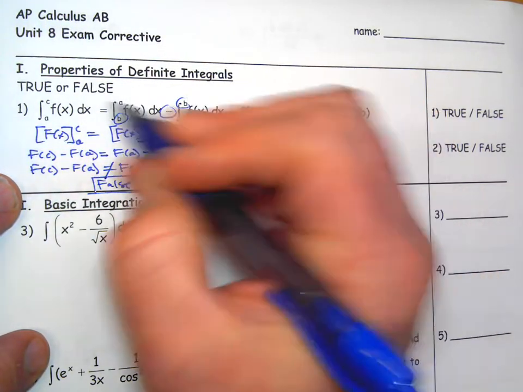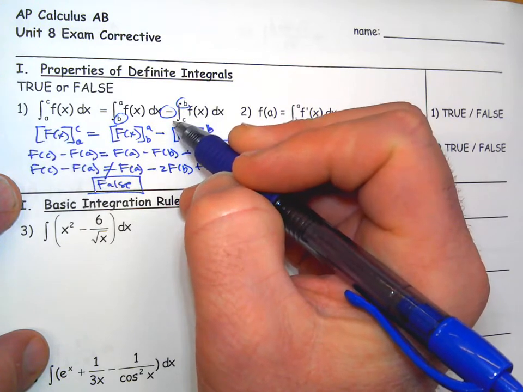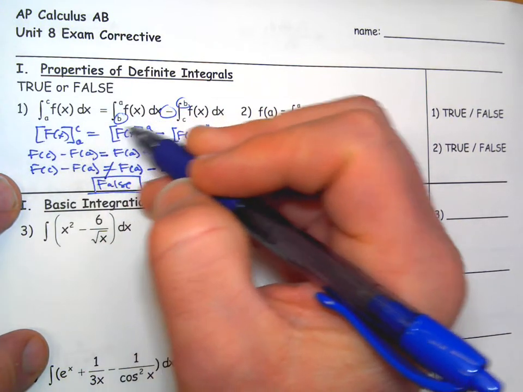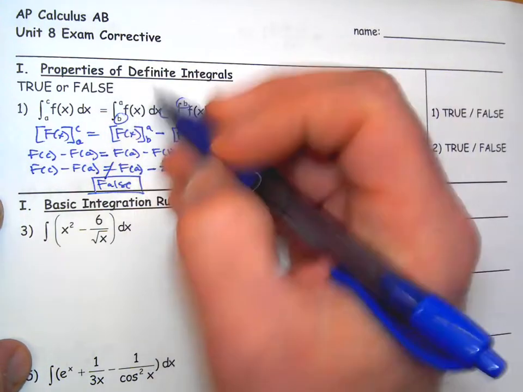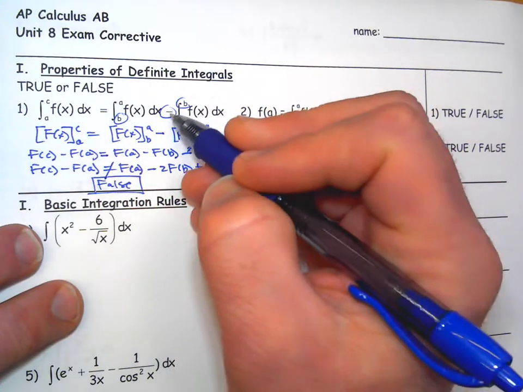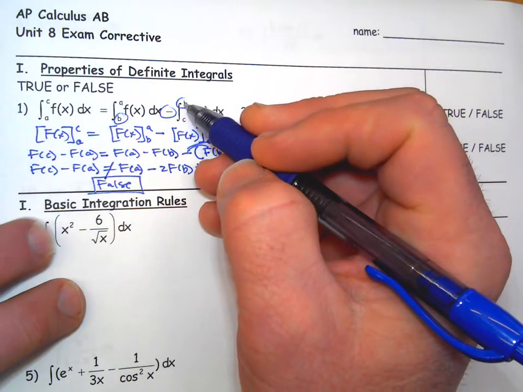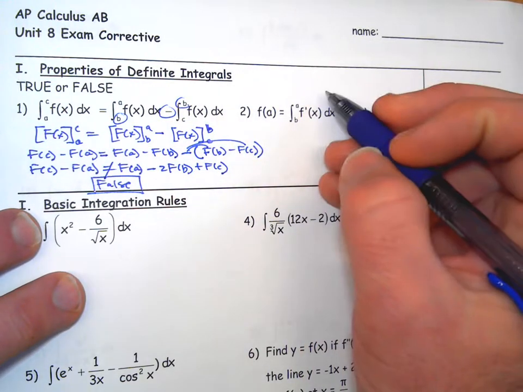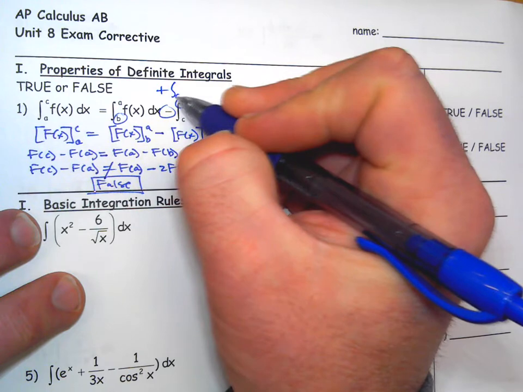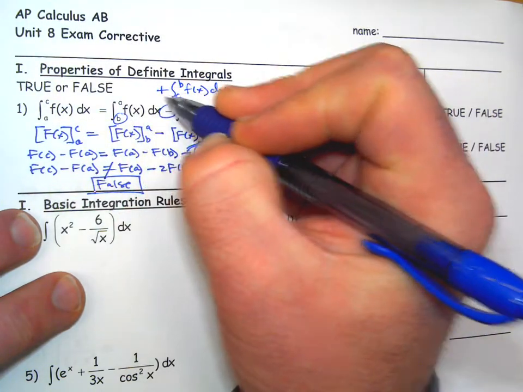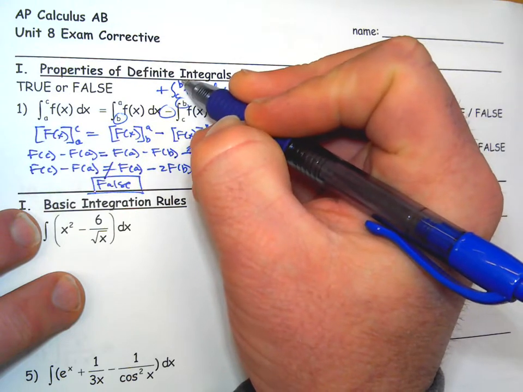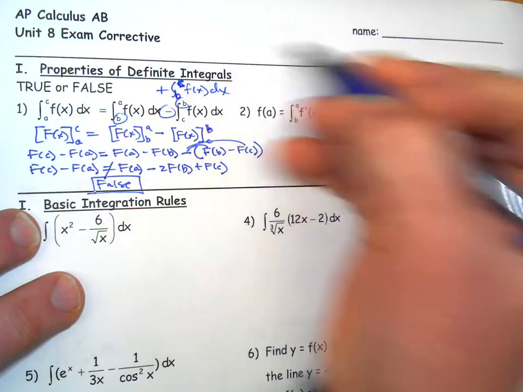If it was addition, you could connect them together and they still wouldn't be true. But maybe some other scenario, changing the minus to a plus by flipping the limits, might work. This would be plus C to B of f of x dx, but then you still can't hook these up. Or the C should be on the top and the B on the bottom then.